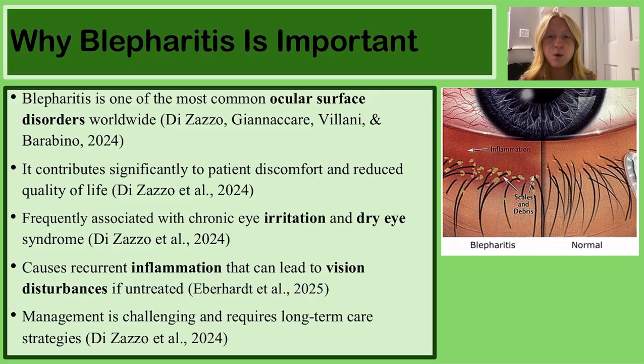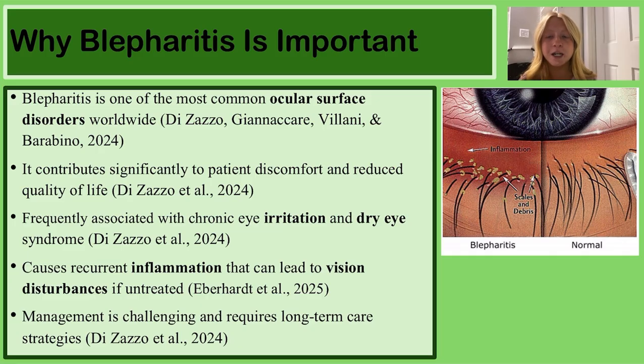So people with blepharitis often experience constant itching, burning, and redness that make it uncomfortable to read or work or even wear contact lenses. What makes it especially interesting from a microbiology standpoint is how persistent it is. It tends to come back even after treatment because it involves multiple factors like bacterial colonization, gland dysfunction, and inflammation.